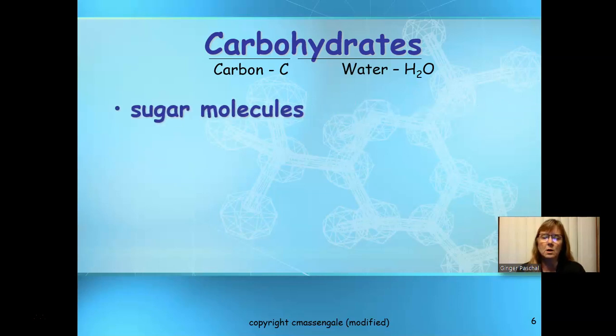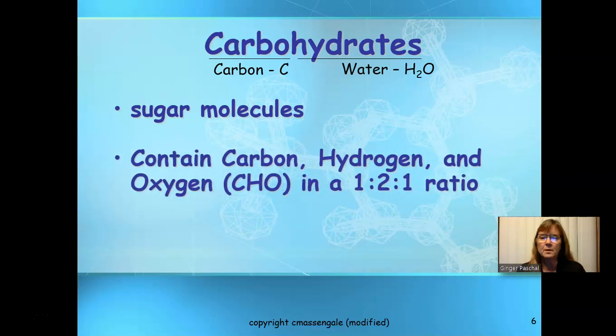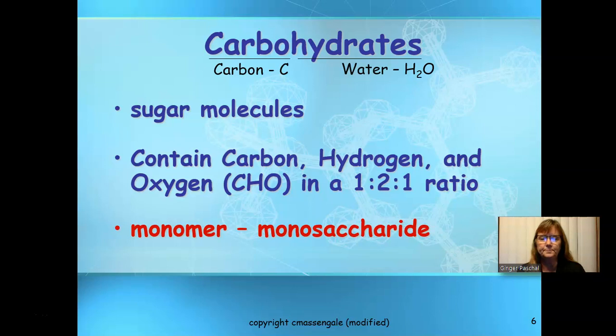So carbohydrates are sugar molecules. They contain, as we just said, carbon, hydrogen, and oxygen. So if you remember the abbreviation CHO, the C is the carbon, H is hydrogen, O is oxygen. This is how these chemicals are represented. You would find them in a 1 to 2 to 1 ratio.